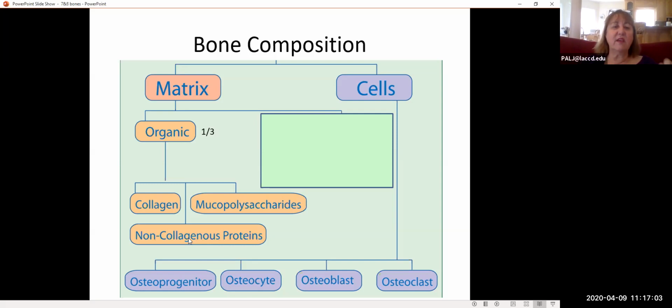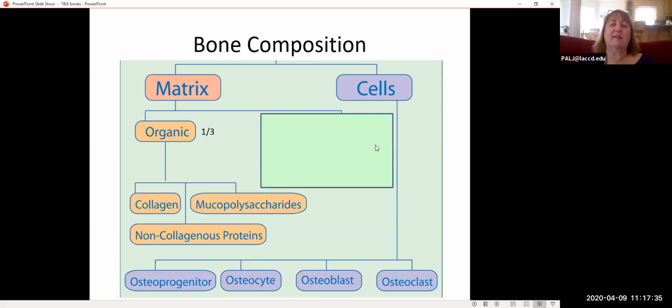But also in the ground substance, we have some chemicals which contain carbon, which are mucopolysaccharides, which I didn't talk about this semester very much. Okay, so if 1/3 is organic, that means 2/3 of it's inorganic.